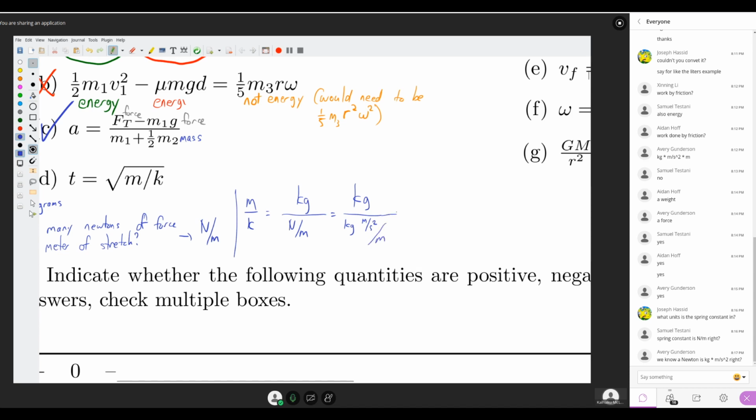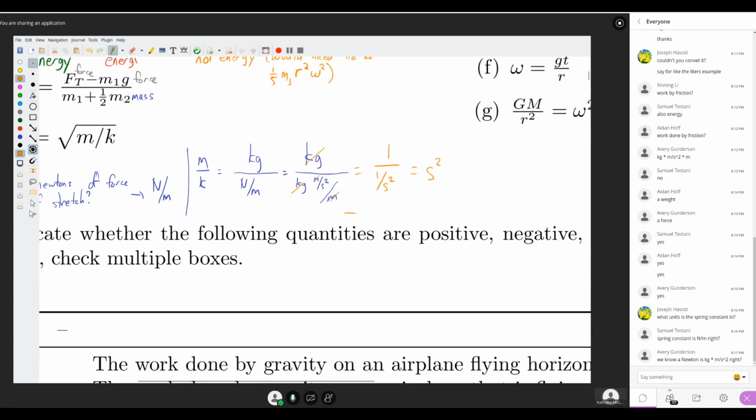And so this is m over k. So now we can start canceling things. We can cancel the kilograms, we can cancel the meters, and we have 1 over seconds squared, which is just seconds squared. So that means that the square root of m over k has units of seconds.